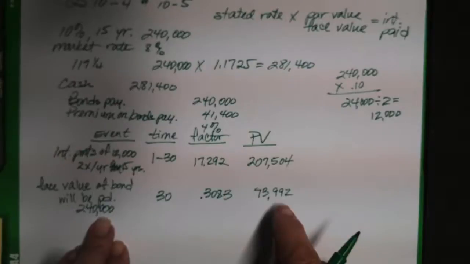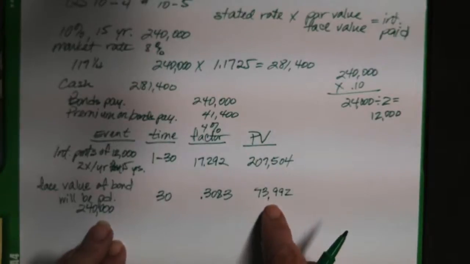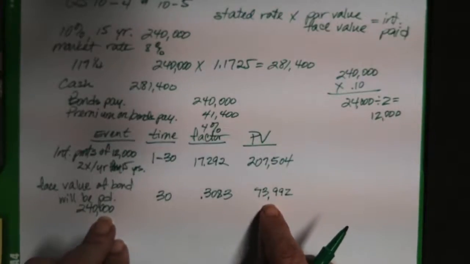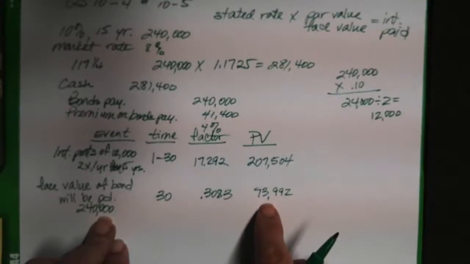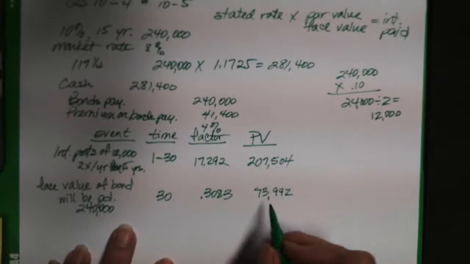You can all be wealthy people by the time you're 65 years old if you start saving early, because as a rational economic person, I am indifferent as to whether you give me $73,992 right now or give me $240,000 15 years from now, if I can earn 8% on my money, or 4% twice a year.